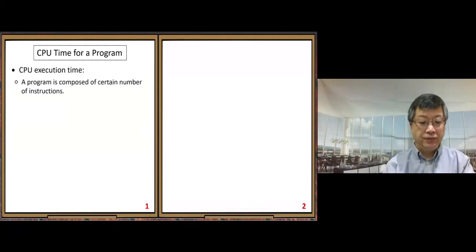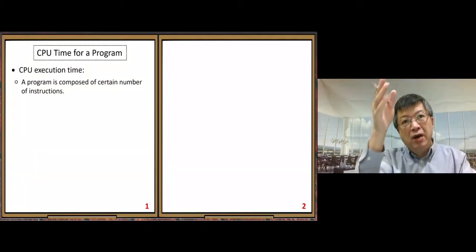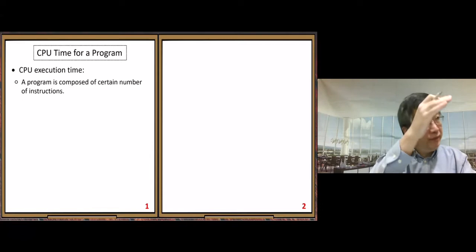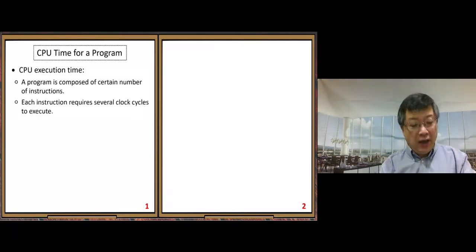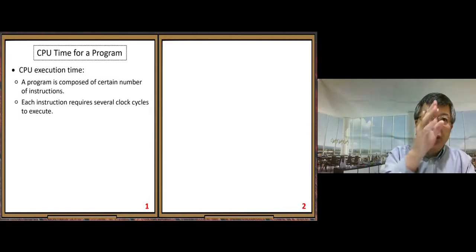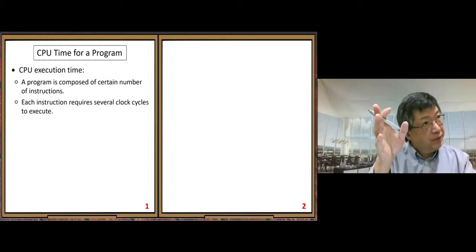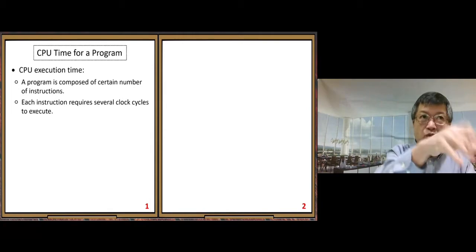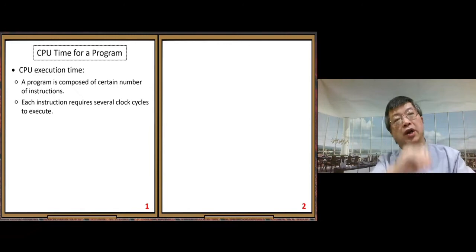All right. So a program is composed of a certain number of instructions. And each instruction requires several clock cycles to execute. Some instructions are relatively complicated, so we need more clock cycles.